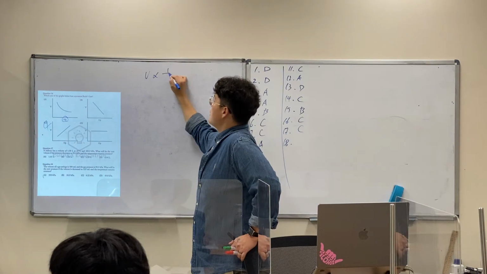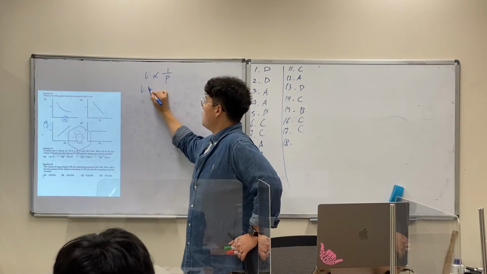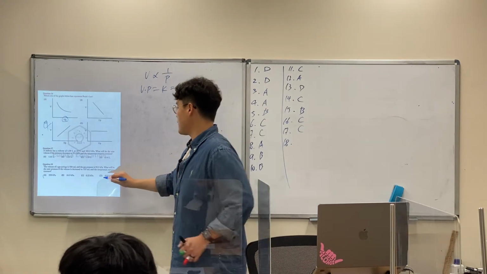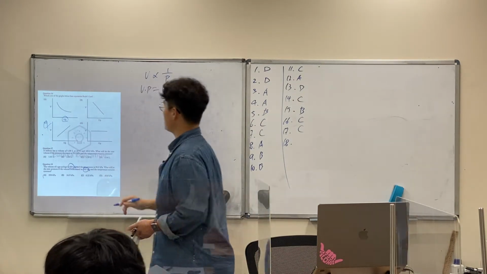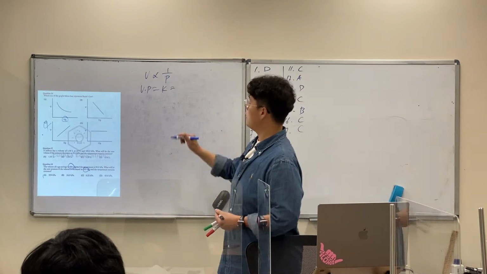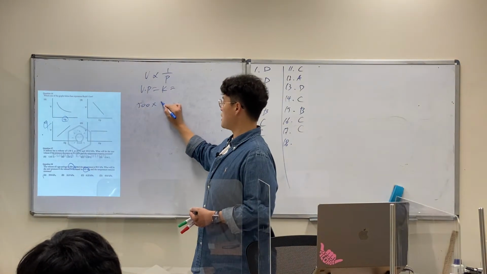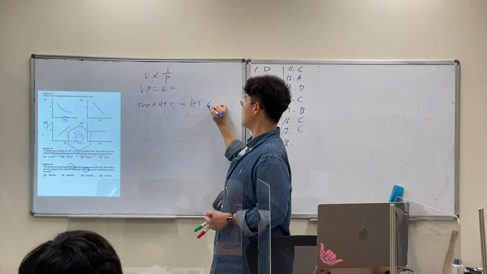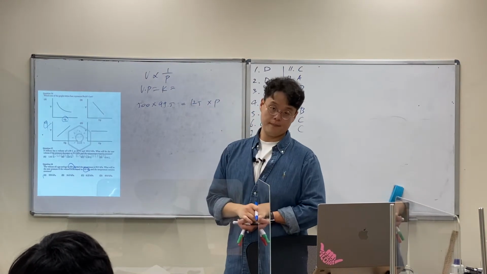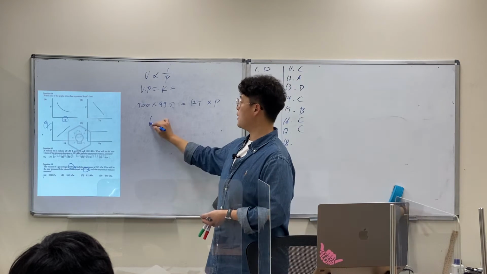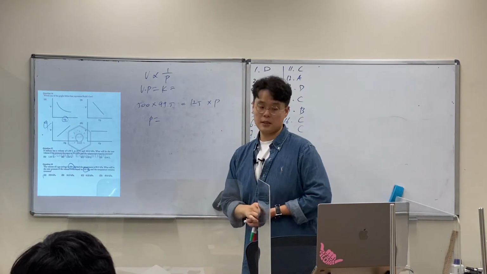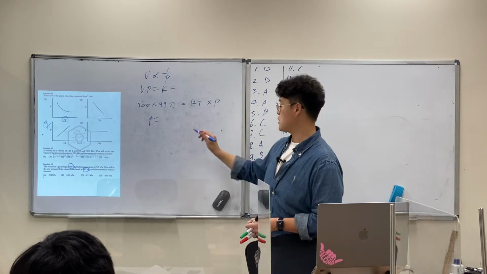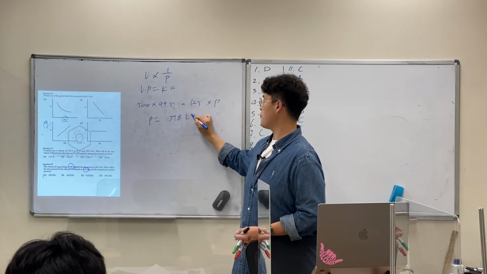Volume and pressure are inversely proportional, so VP is equal to constant. I'm going to use Boyle's law again. 500 times 99.5 is equal to 225 times the new pressure P. So P would be that divided by that, and the answer would be A, which is 398 kilopascal.